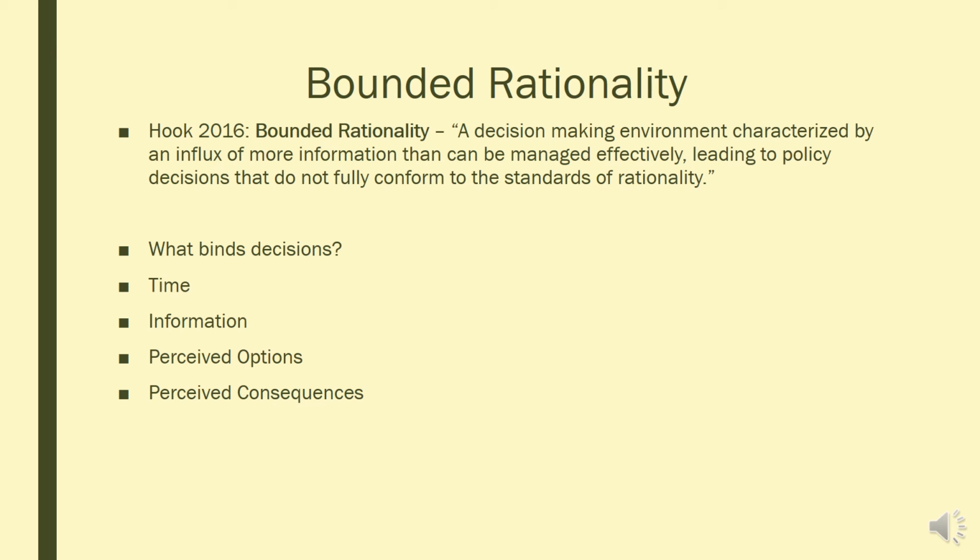And in this way, rational decisions can be made, but they're still bound. Maybe the decision maker doesn't get their ultimate desire, what ultimately they want as a goal. They have to get what is best given the context, given the time, given the information.